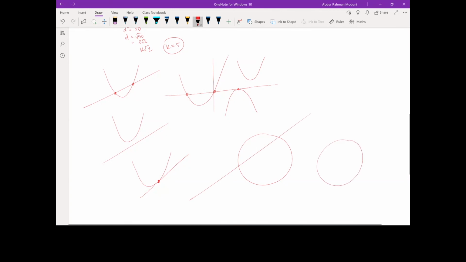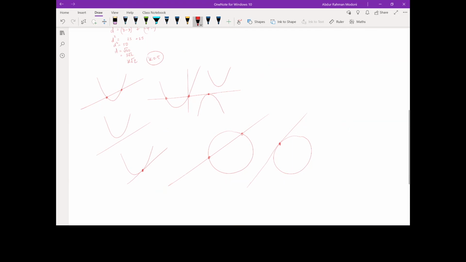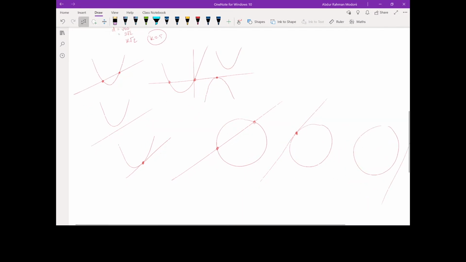The line could touch the circle at one point, giving one intersection. Or it could miss the circle completely, giving no solutions. So in all of these cases, when we substitute the line into the circle, we end up with a quadratic equation.